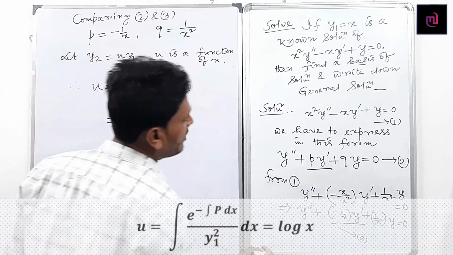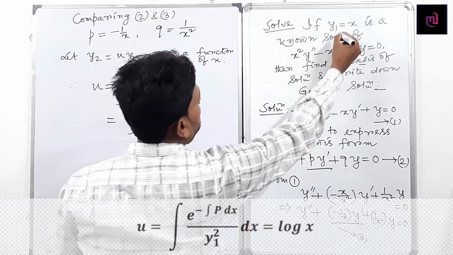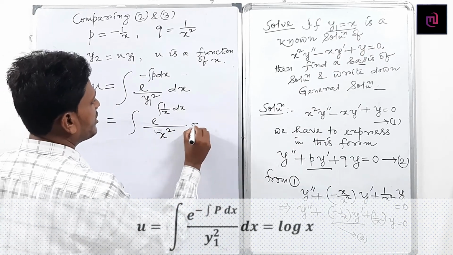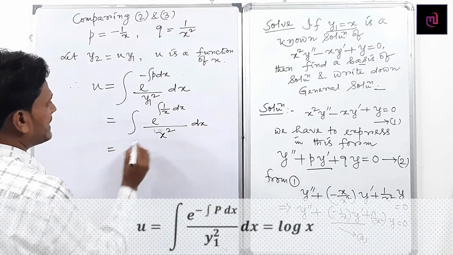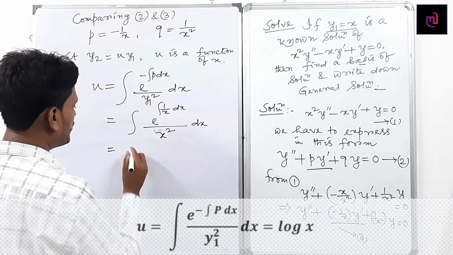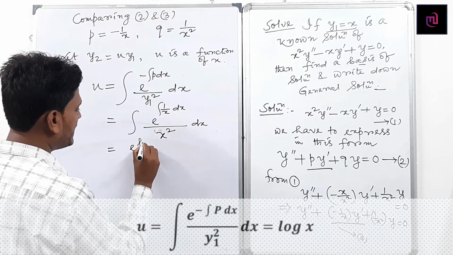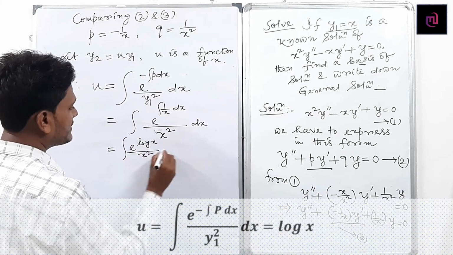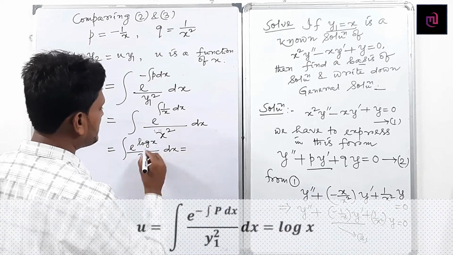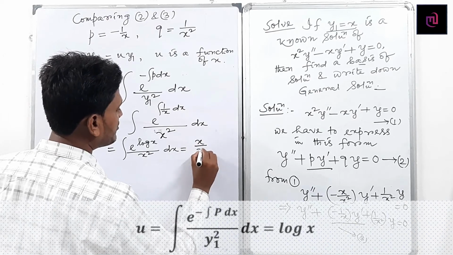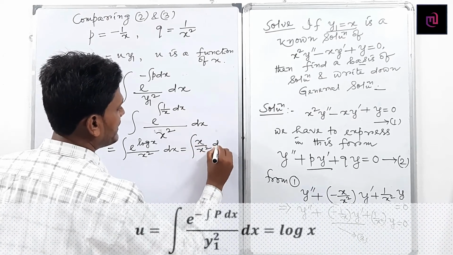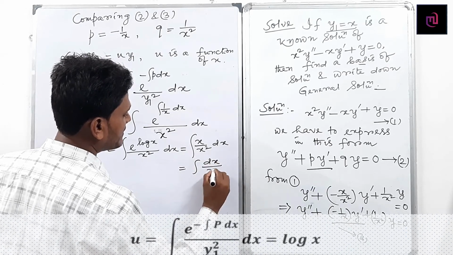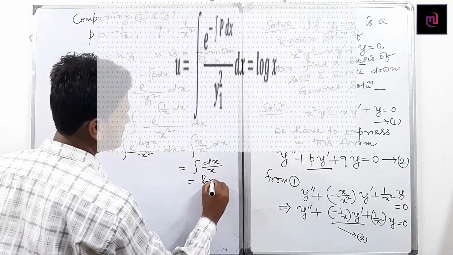Y1 is given as x, so it is x² dx. The integral of dx by x gives e to the power log x, so we get the integral of x by x² dx, which is the integral of dx by x. So it becomes log x.